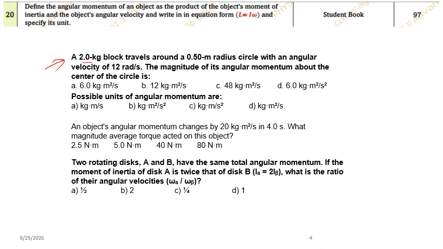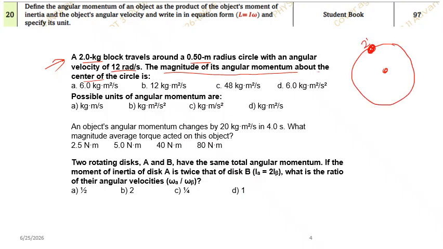A 2 kilogram block travels around a 0.5 meter radius circle with an angular velocity of 12 rad per second. Find the magnitude of angular momentum about the center of the circle. We have a circular object which is moving.